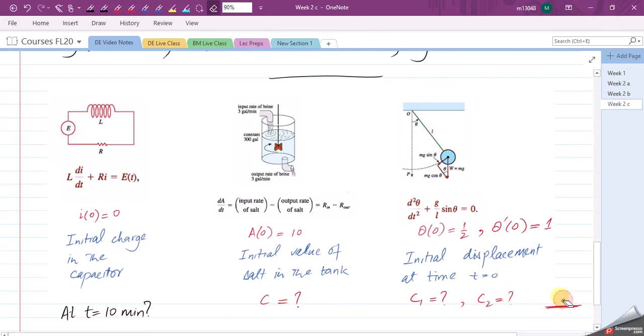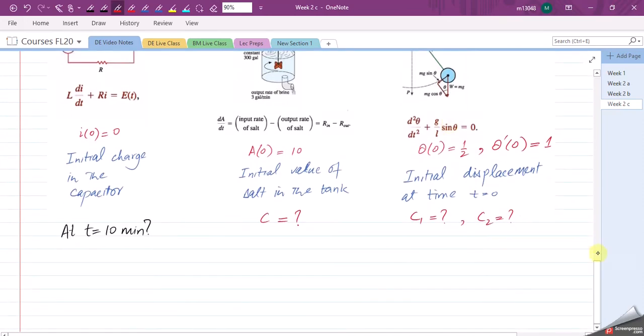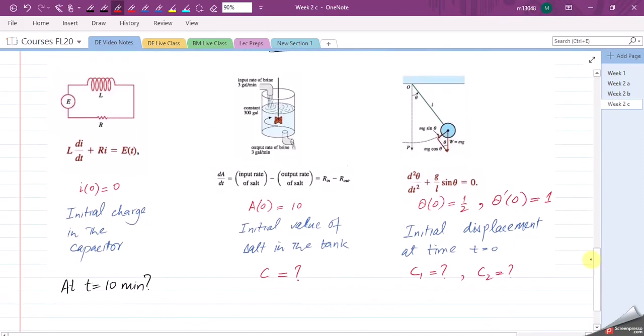And then in this pendulum problem, we figure out that the frequency and the period of the pendulum does not depend on this initial displacement theta.